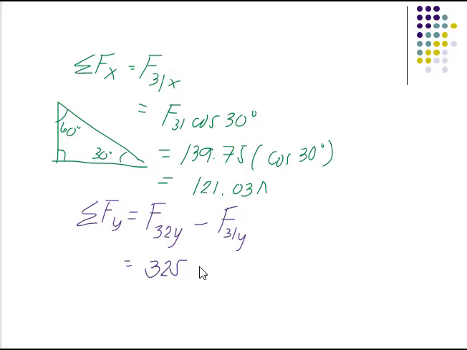But for F31y, we have to have F31. Since y is the opposite side, we will be using sine, and then we will use this angle. So F31 sine 30 degrees. So you now have 325 minus 139.75 sine 30 degrees.